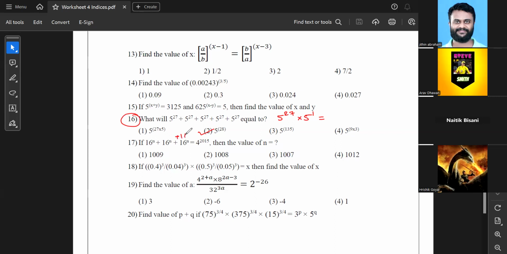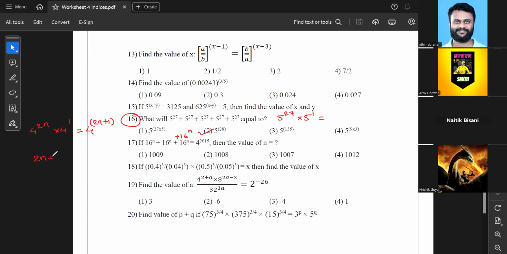Okay, let me consider one more 16 raised to n and then solve. So basically, what is 16 raised to n? I'll write it as 4 raised to 2n. Okay, is this clear? 4 raised to 2 is 16. That is 16 raised to n. That is multiplied 4 times, which means 4 raised to 1. So that gives me 4 raised to 2n plus 1, which is equal to 4 raised to 2015.